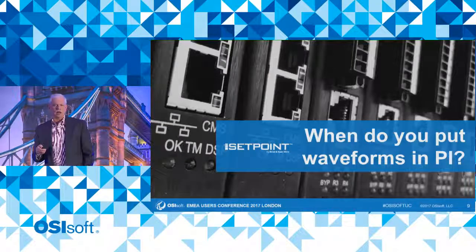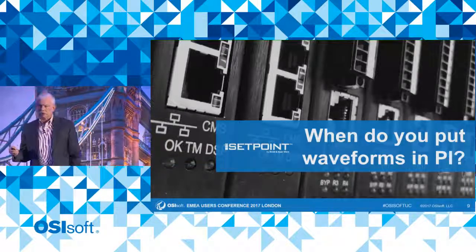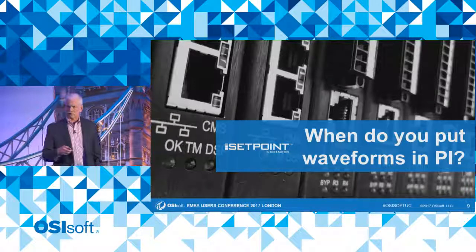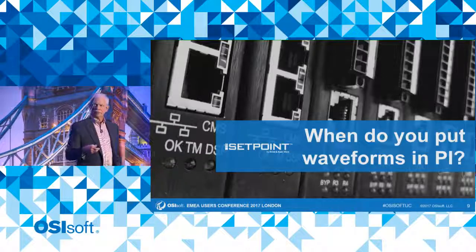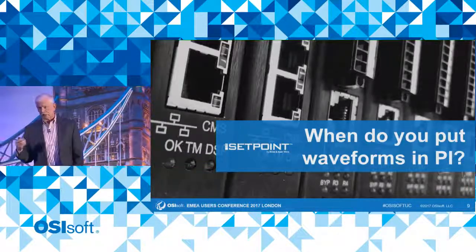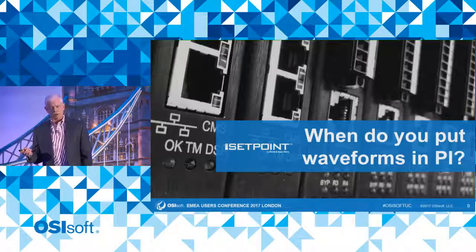If we were to take all the data that a vibration sensor can produce and send it all into PI, a typical machine has about 20 vibration sensors. And if we do the math, the bandwidth of vibration data is roughly equivalent to the audio spectrum, 0 to 20 kilohertz.